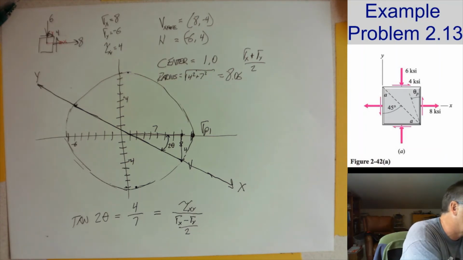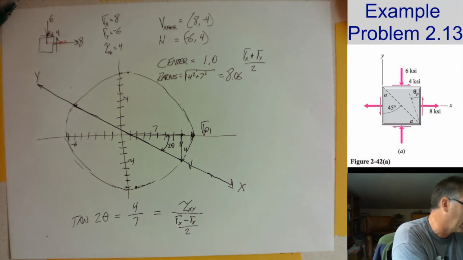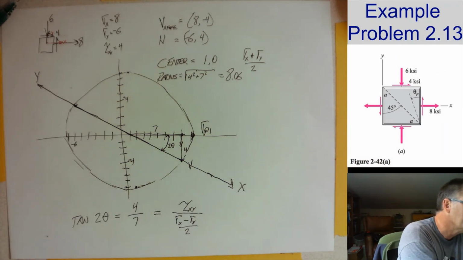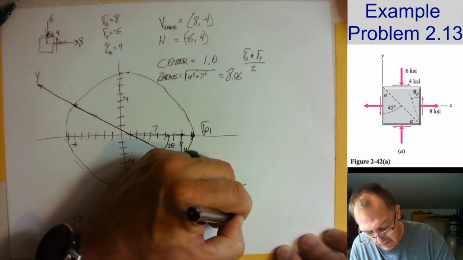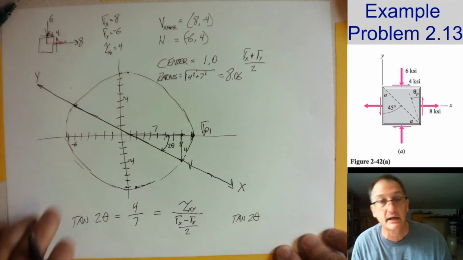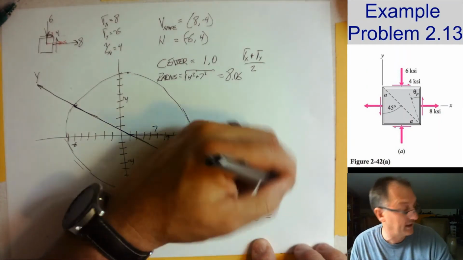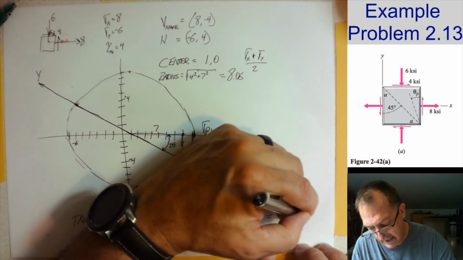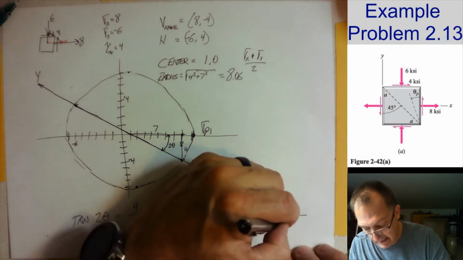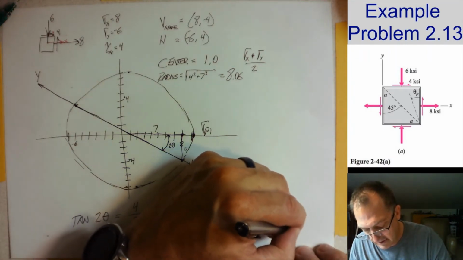I want to tell you the equation number, because I'm sure you've got the study guide in front of you, where I'm just flipping through the book. Equation 214 looks like this. Tangent of 2 theta is equal to 2 times the shear stress divided by sigma x minus sigma y.